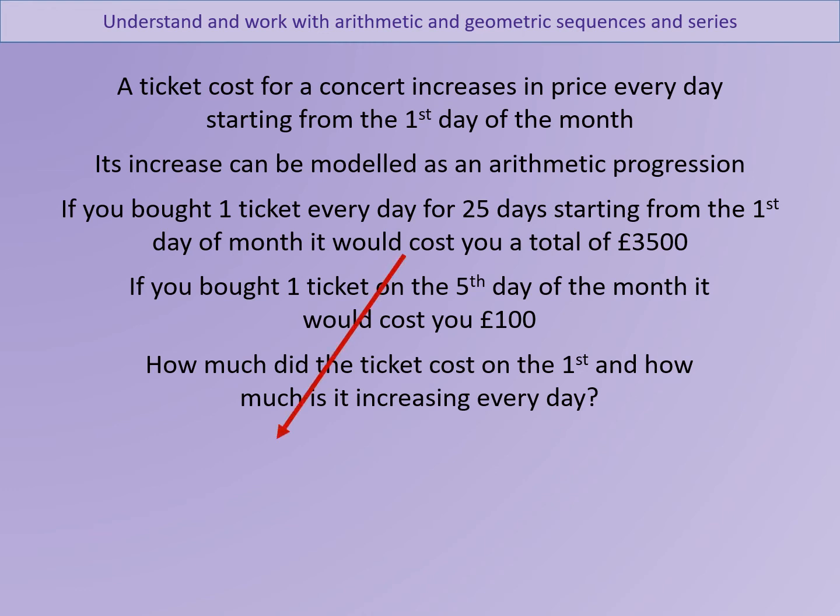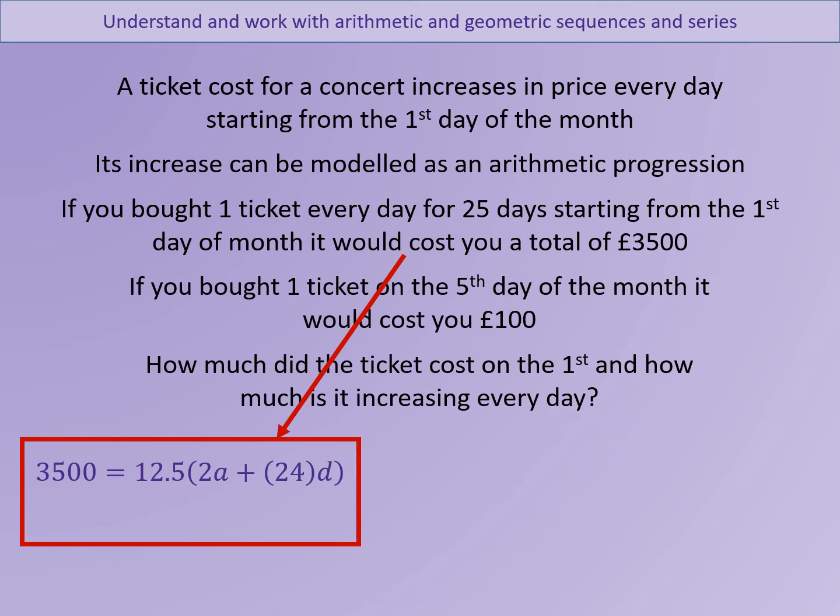So the first piece of information: if you bought a ticket every day for 25 days, this would be S25, the sum of the first 25 days. So we could use the formula, a half n, bracket 2a plus n minus 1 d. Half n is 12.5, that's half of the number of days, half of 25.